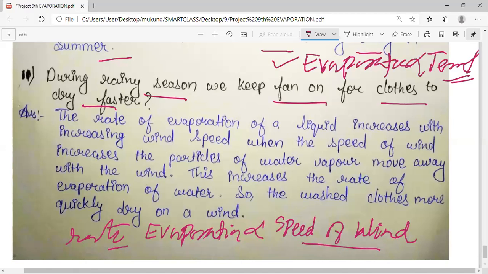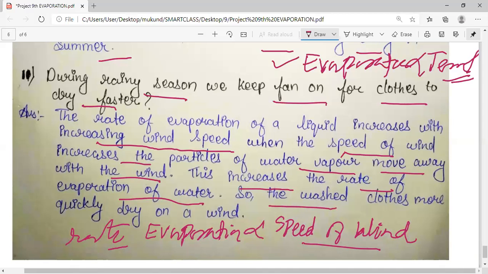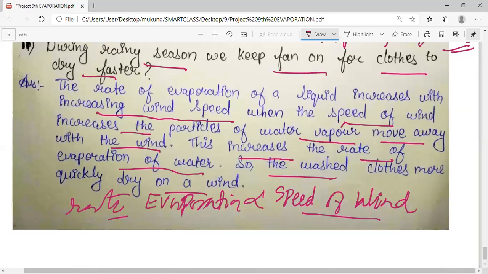When the speed of wind increases, the particles of water vapor move away with the wind. This increases the rate of evaporation of water, so the washed clothes dry more quickly when we keep the fan on.